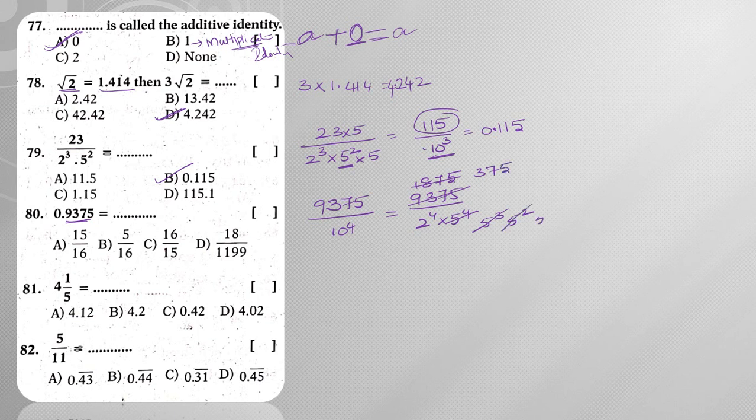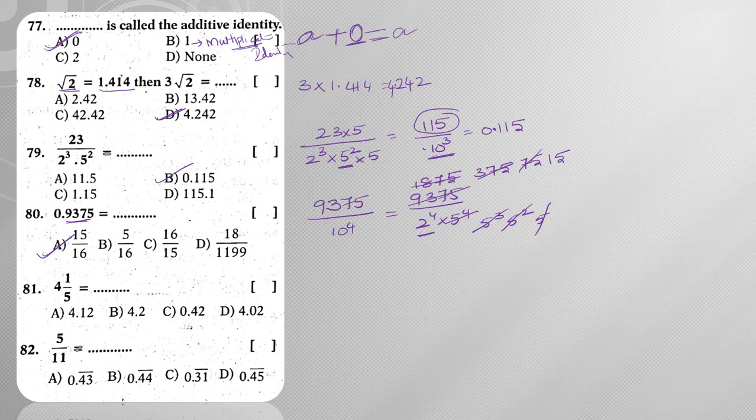Again in 5 table, 5 square 5 times, and 5 7s are 35, so 5 times 25. Again in 5 table, so 5 ones are 5, so 5 is 25. Finally what I am left with, 15 by 16. So likewise we can cancel it out. 15 by 2 power 4 is nothing but 16. Hence the answer is this, right?